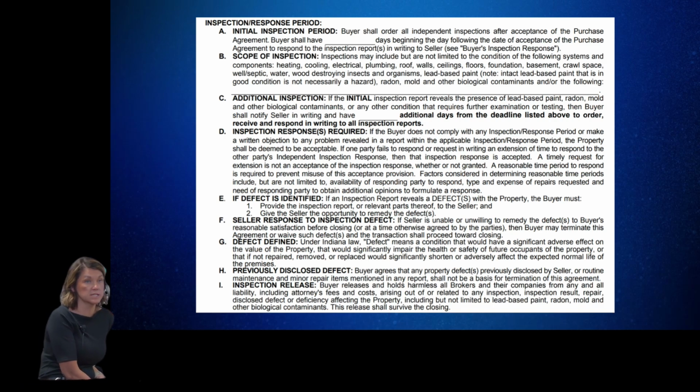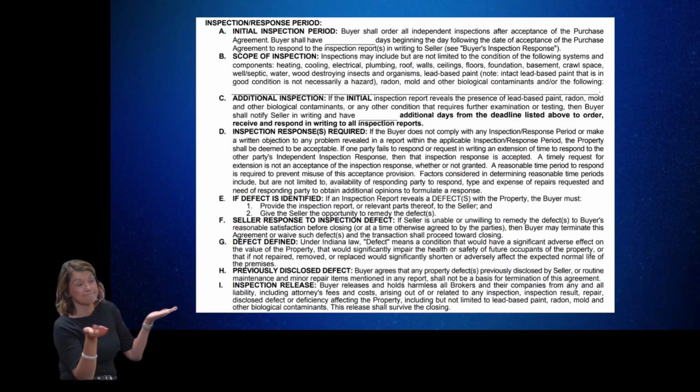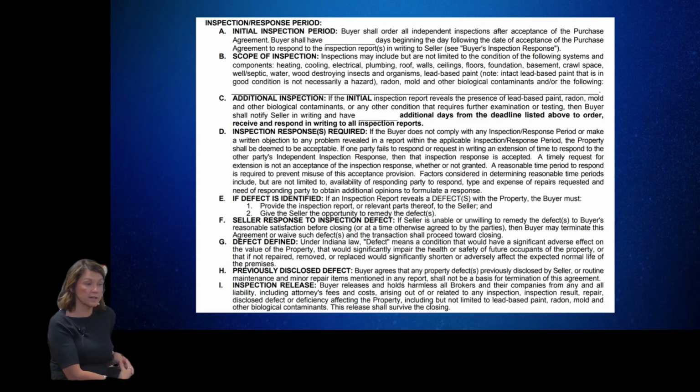For the initial inspection period on a property within the city limits, where I'm not talking about septic or water tests, which typically take a little more time, I'm probably putting 10 days in here. If it's a holiday, I might be doing 12. If I'm not competing, I might be doing 14. 10 is usually good. If the inspector I really prefer and recommend to my clients is really, really busy, I might put more time here. But in city limits, with very standard inspections, I'm probably putting 10.